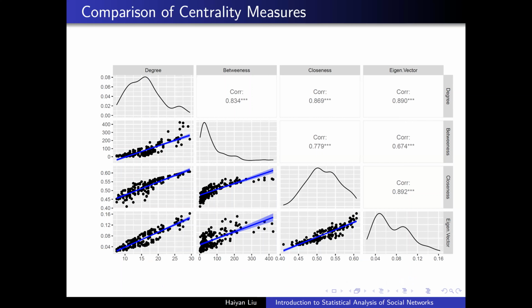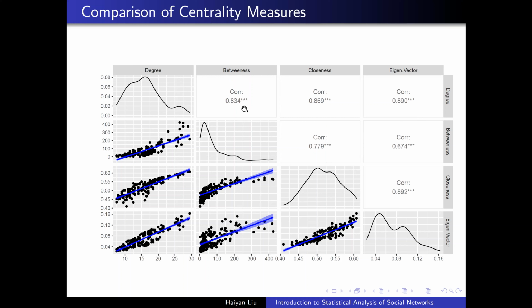We just talked about the different centrality measures, and we notice that sometimes they give the same rank to the same node, but sometimes not. So how consistent are those different centrality measures? We try to compare them. We obtain the scatter plot and the trend, and we find that the correlation between degree centrality and betweenness centrality is 0.8.